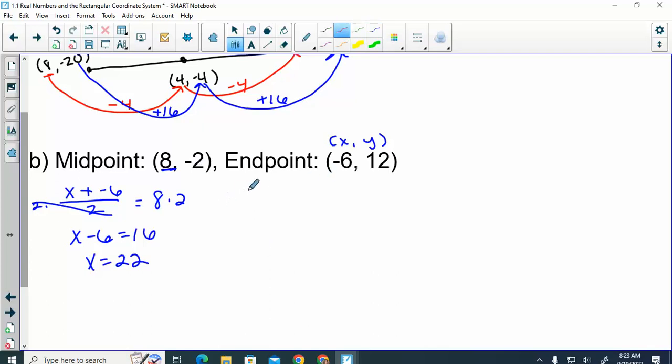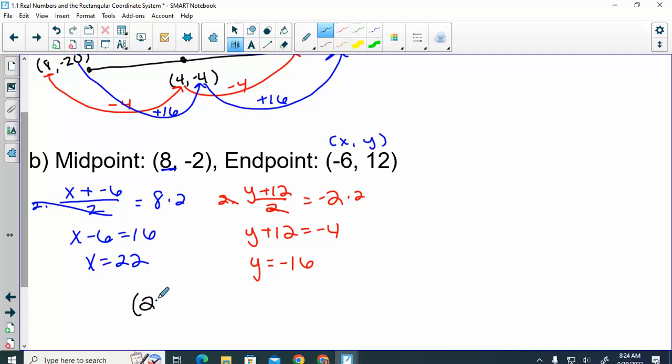And then my y's. Add your y's, so y plus 12 over 2 equals the y value of the midpoint, which is negative 2. Multiply by 2, so y plus 12 equals negative 4. Subtract the 12, so y is negative 16. So 22, negative 16.